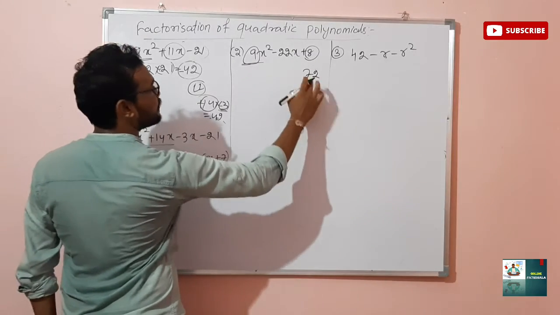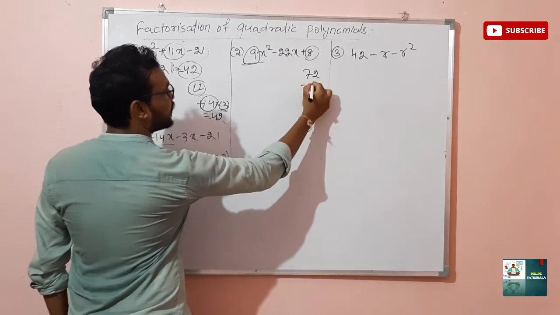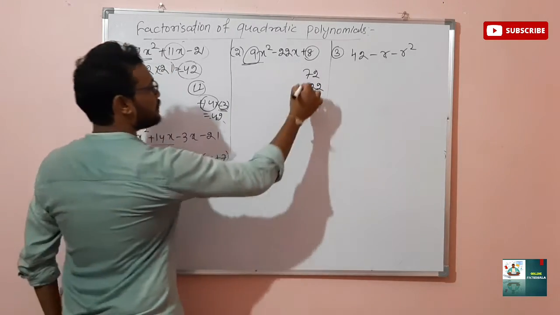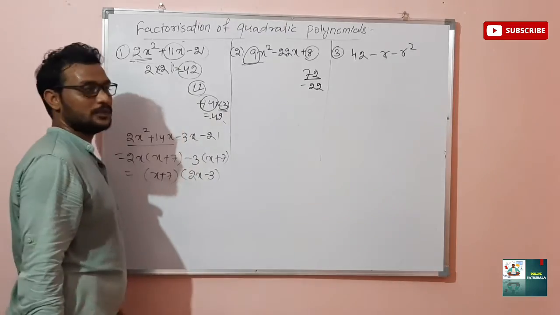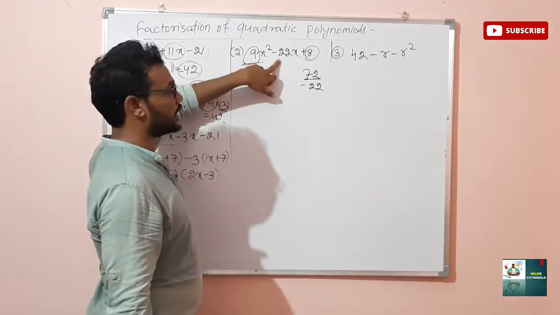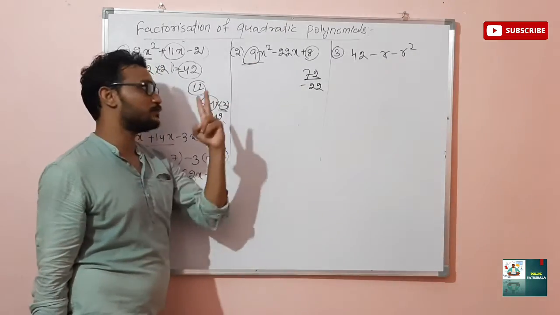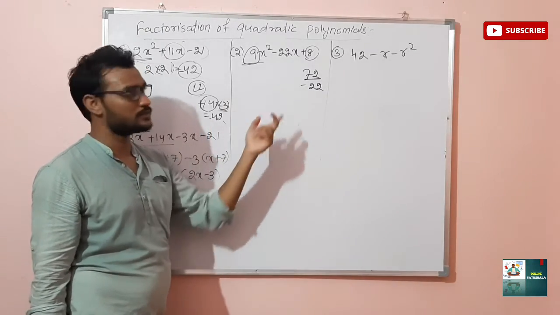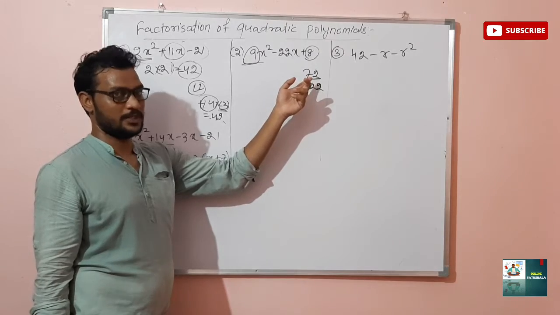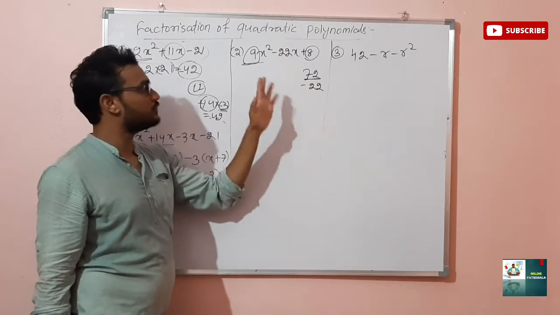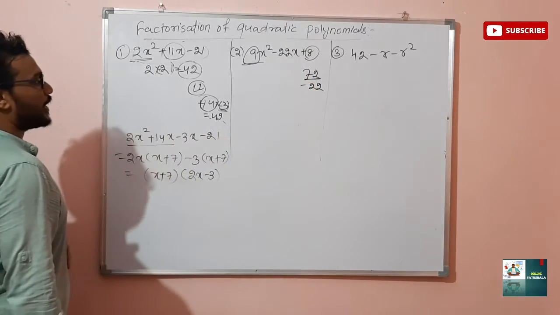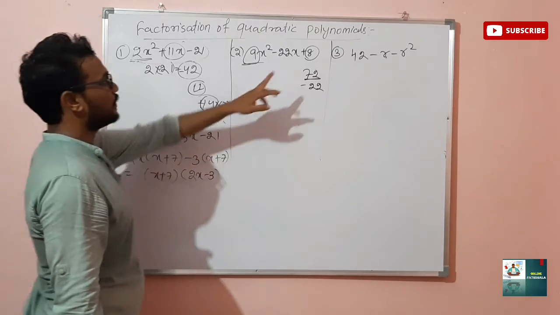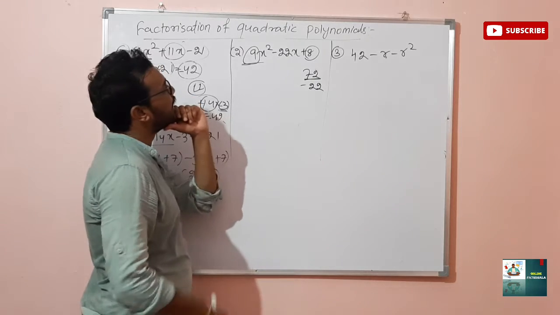We need 72 as the product and minus 22 as the sum. The product is positive but the sum is negative, so we have to find two negative numbers, because the product of two negative numbers is positive and their sum is negative. So first of all we have to find the numbers. Okay, 9, 8, 72.